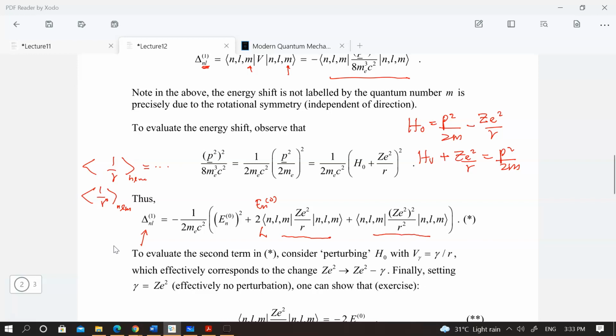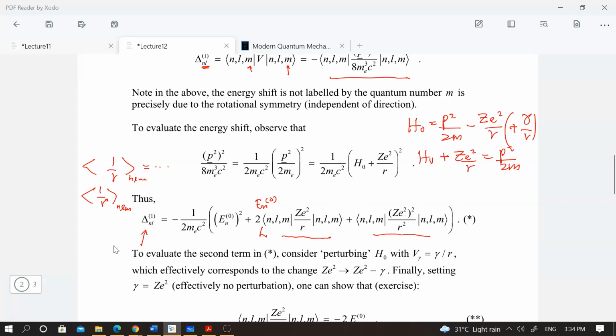But if you want to be fancy, another way of doing it is to consider your H naught here and then perturb it with another additional term, gamma over r.